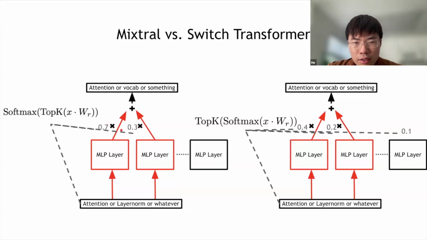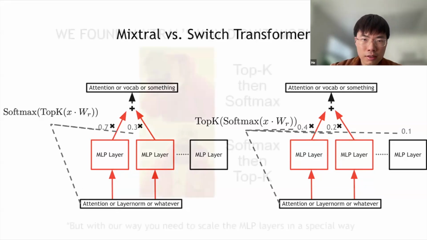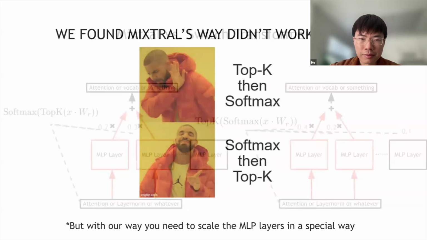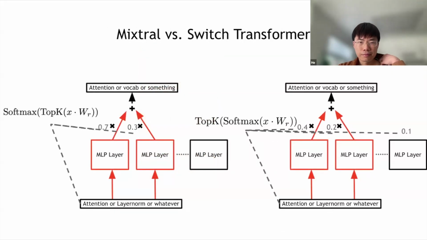The difference here is very important for upcycling, which I'll explain later. So intuitively, each one of the experts that you choose is going to get more weight assigned to it because you're only doing the softmax on fewer values, right?